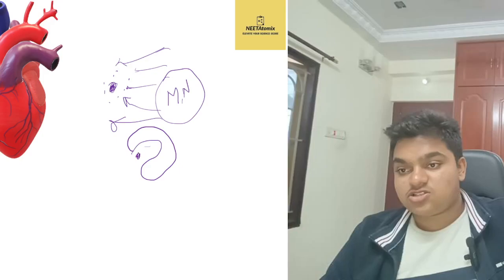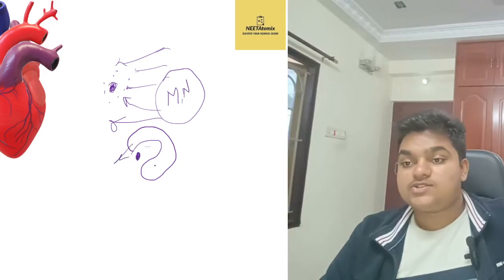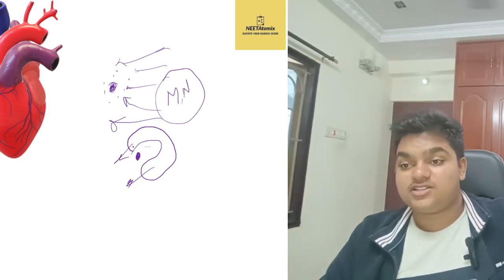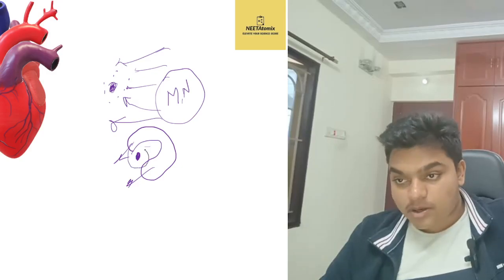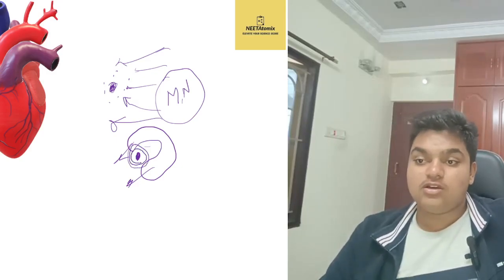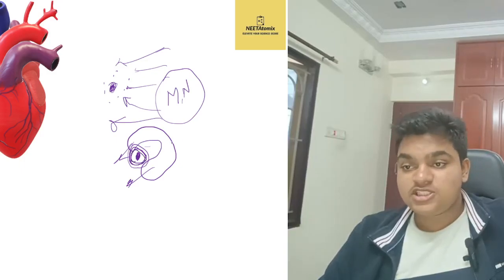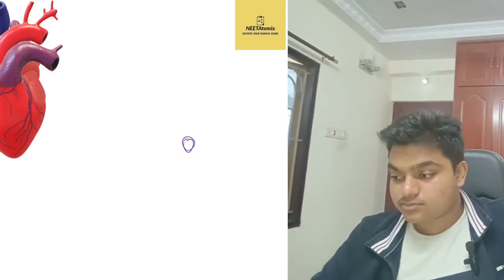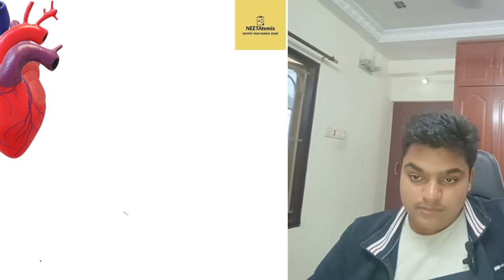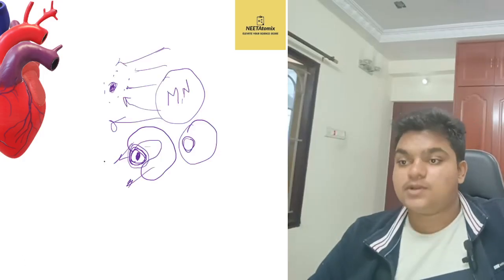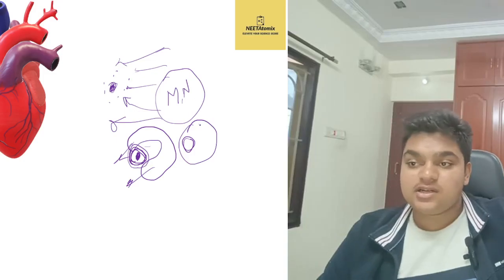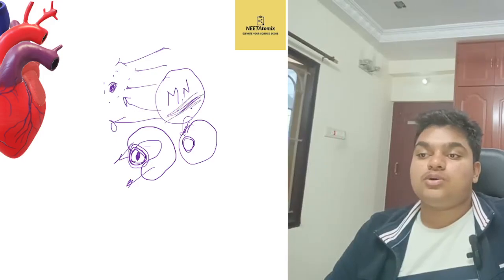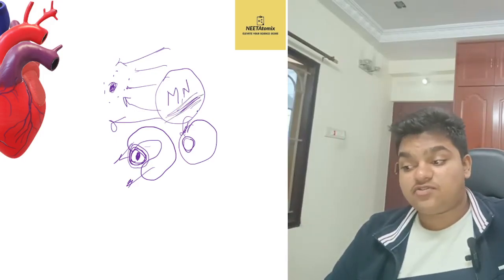They modify the shape by extending pseudopodia, as in the case of amoeba. In such a way they modify their shape and engulf this, forming a vacuole inside the cell. Once the vacuole is formed, the cell comes back to its original shape. Now, this is what phagocytic function means.